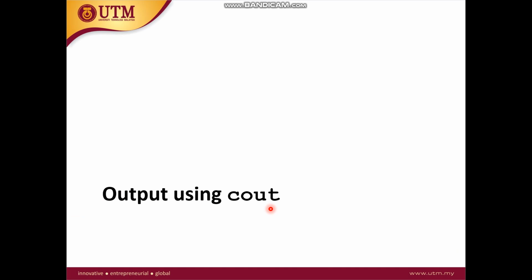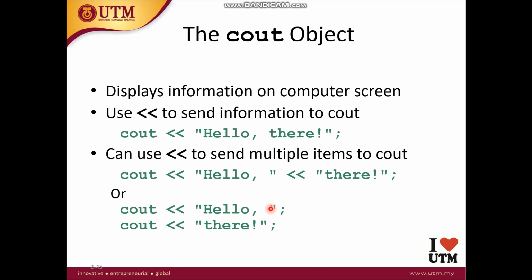So far we've been talking about cout, but in these upcoming slides we are talking about it in detail. The cout displays information on the screen of your computer, and the opening double angle bracket must be used after any cout object. Then you write down whatever you want to be shown on the screen of your computer.